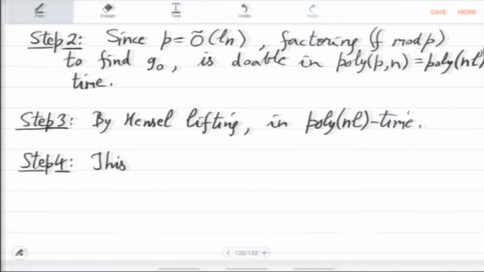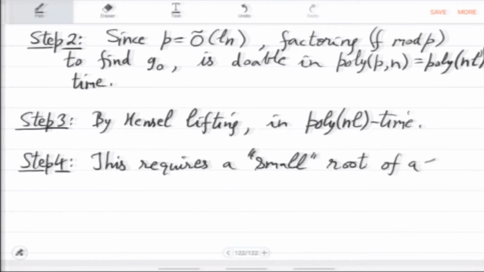So this requires a small root of a linear system. We will see in the next lectures how to find a small root of a given linear system. But let us first see why a small root will exist.